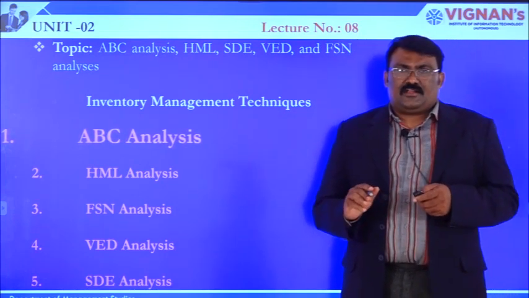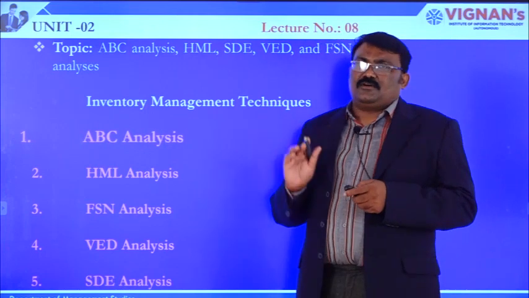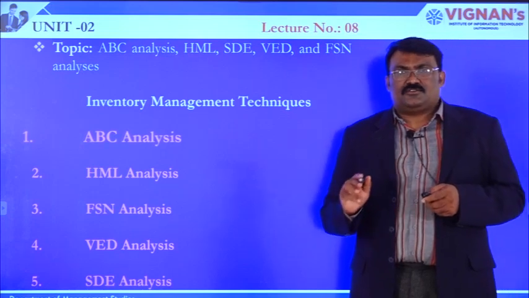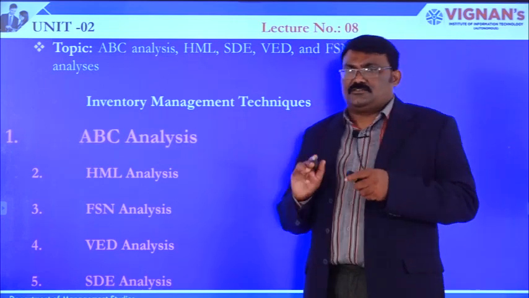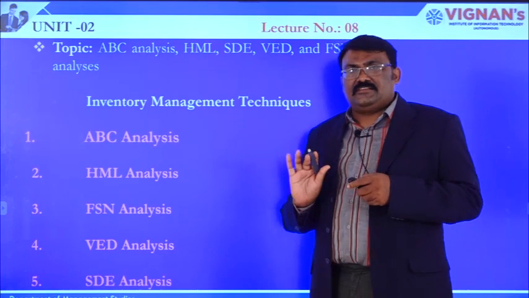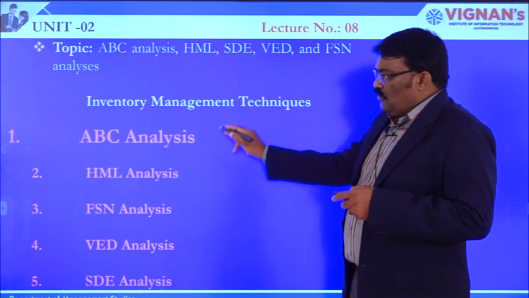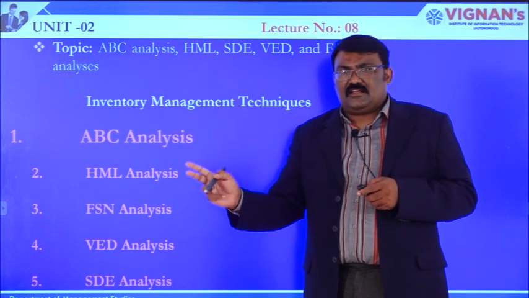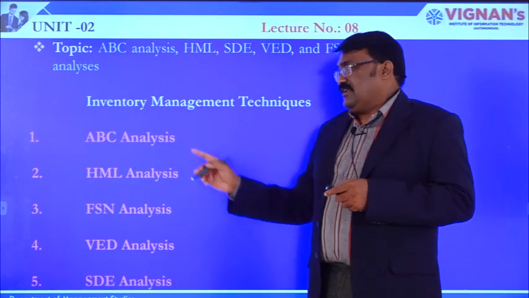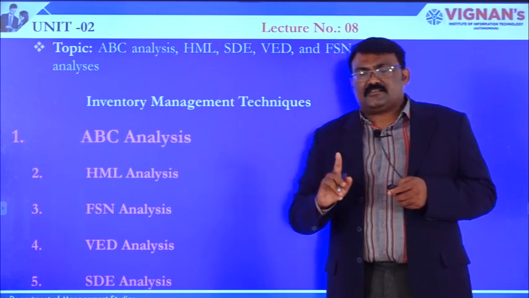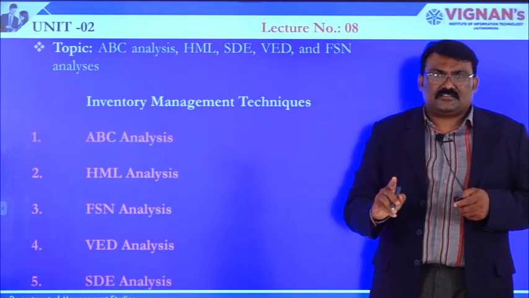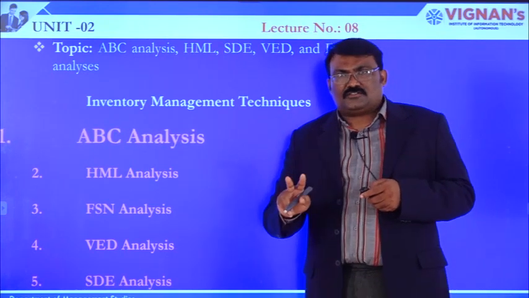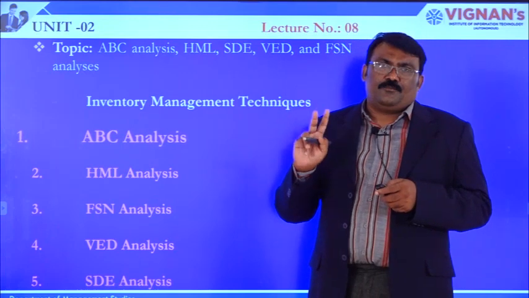20% of the raw material consumes 20% of the cost. 10% of the raw material consumes 70% of the cost. Now, ABC analysis alone takes into consideration 2 variables, cost and volume.